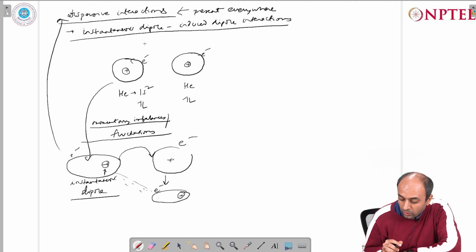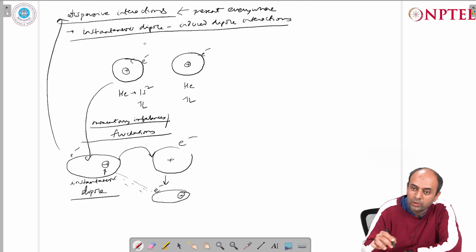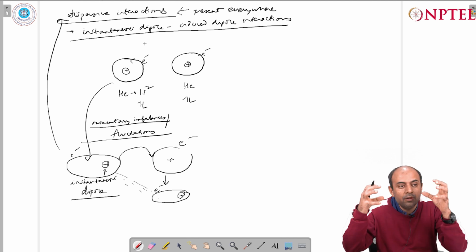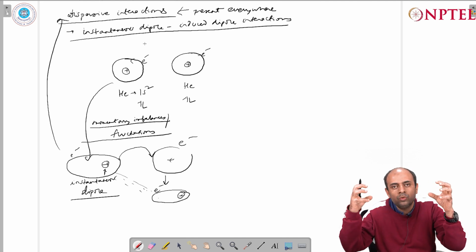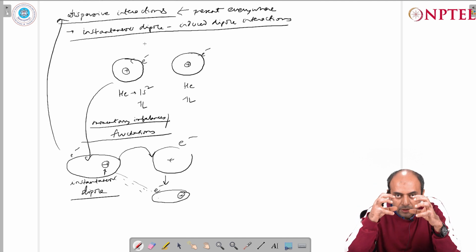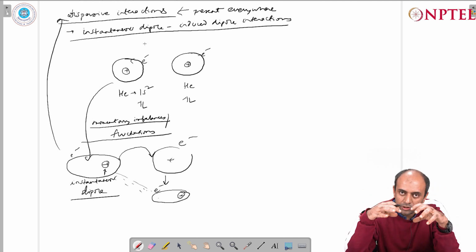Also, it is important to keep in mind there is another model which is proposed here. This is one way of looking at the entire picture. Another way of looking at this dispersive interaction is that when you have two helium atoms or any two rare gas atoms like krypton, xenon, radon, that come close to each other, the system always tries to lower the energy of the system.